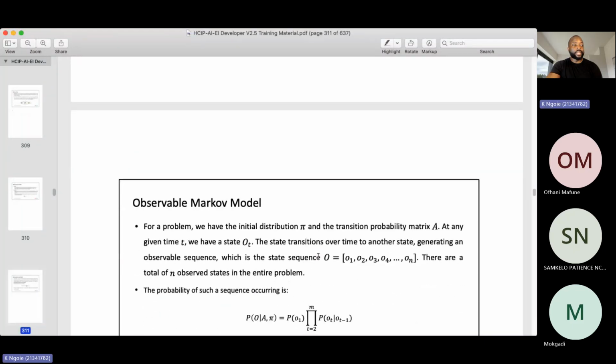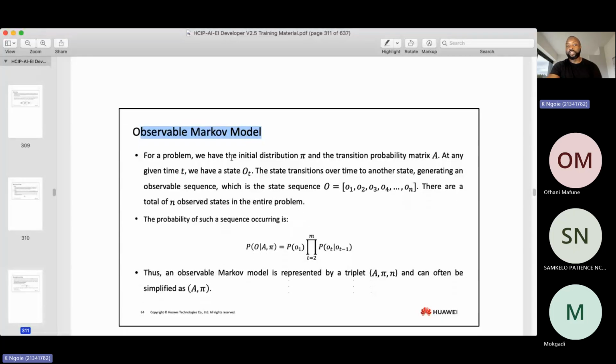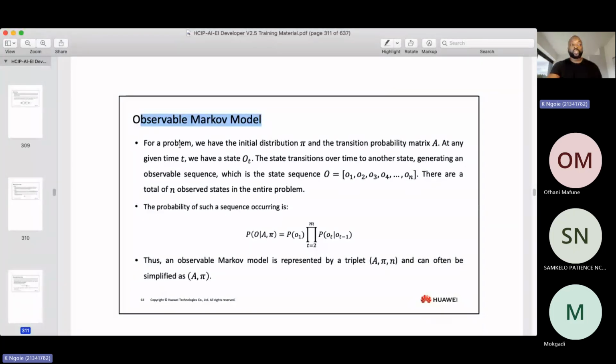All right. Now, when we're looking at that, we can define a certain Markov model. It's an example of a Markov model. For a problem, we have the initial distribution pi and the transition probability A, and at any given time t, we have the state O_t.